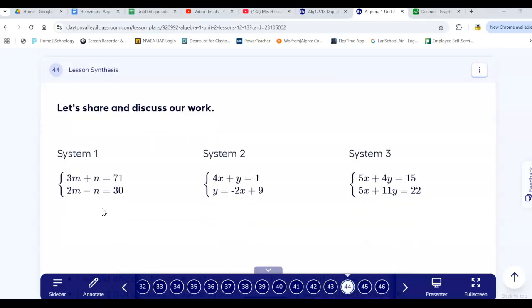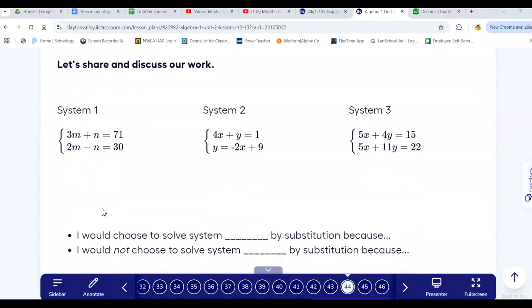So now let's synthesize the lesson. This is what they wanted you to get out of it. Here they gave you 3 different systems, and they're asking you which one would you solve by substitution. I will give you a hint.